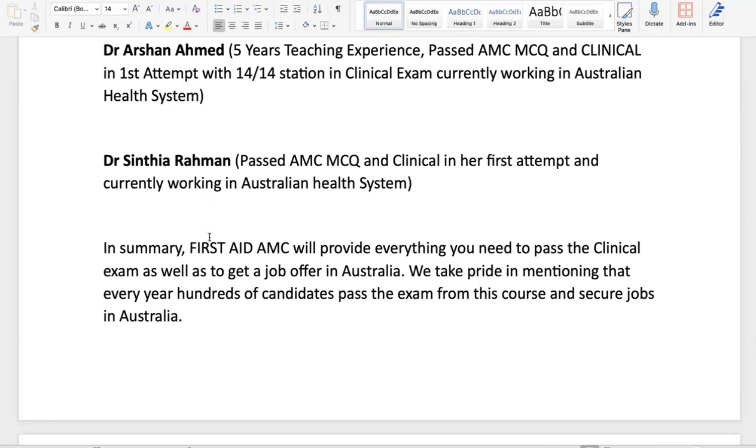A lot has changed over the last 7-10 years, and we try to update ourselves according to the new guidelines and what AMC wants from the candidates. So you get all the updated guidelines, because all of us are working in Australia, and no one can give you a better guideline than us because we're practicing it at the moment.